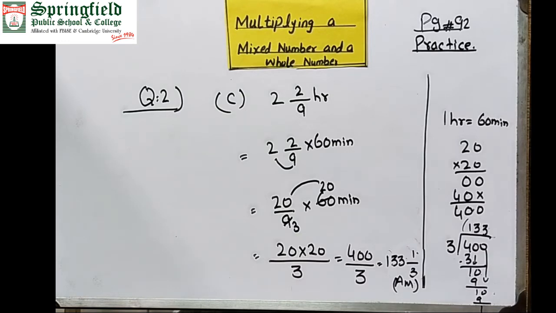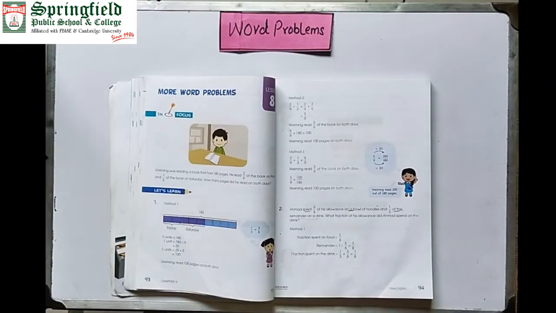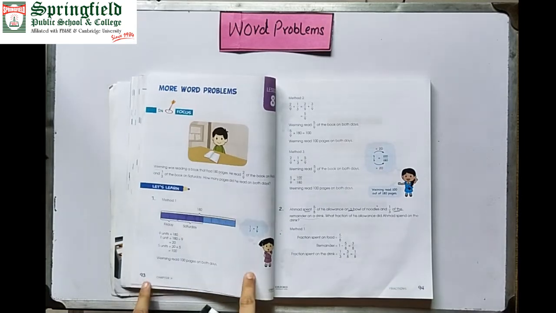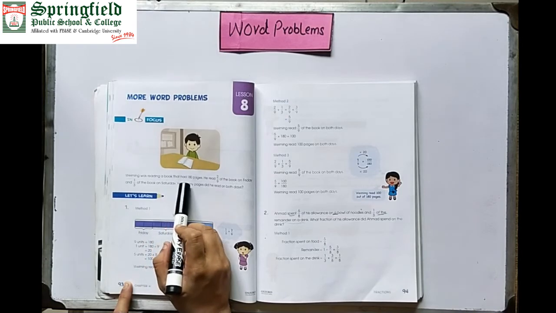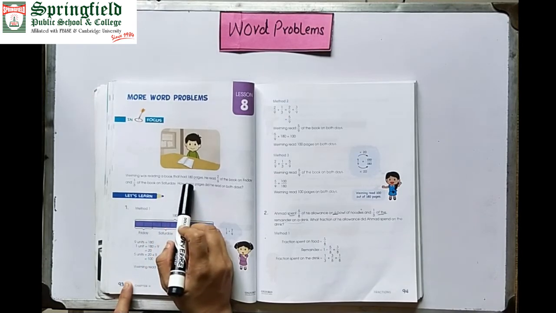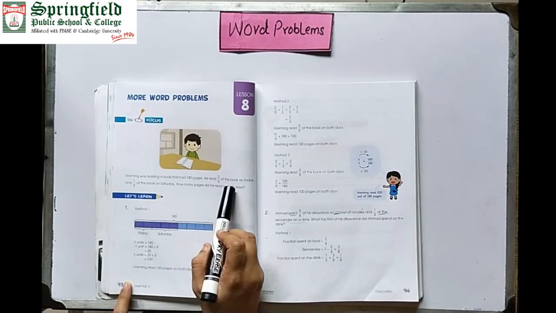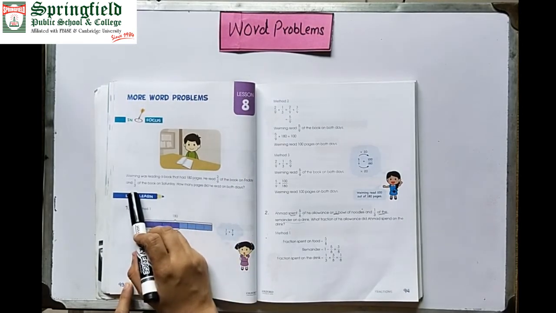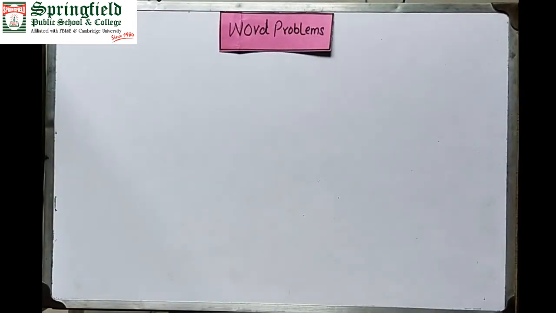So turn the page and come to page number 93, word problem. On our page number 93, word problem. Fine. Okay, now the first word problem is, they are saying he was reading a book that had 180 pages. So there are total 180 pages and he read 2 by 9 of the book on Friday, and the next day he read 1 by 3 of the book. So beta, 2 by 9 means 2 out of 9 units.